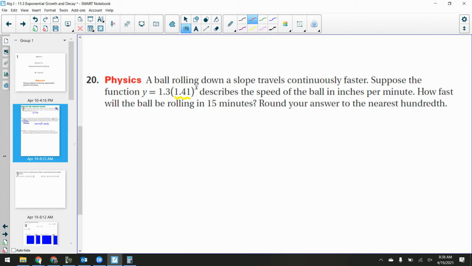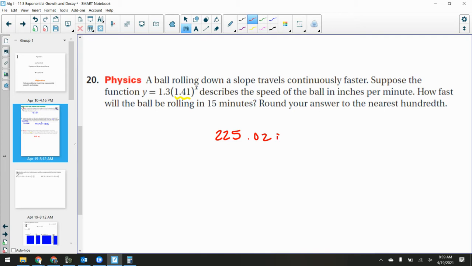It's going to get bigger. The speed is going to increase. How fast would the ball be rolling in 15 minutes? Okay, so what would it be, Serenity? 20. Good, 225. They said round to the nearest hundredth, but I would be fine with 225.